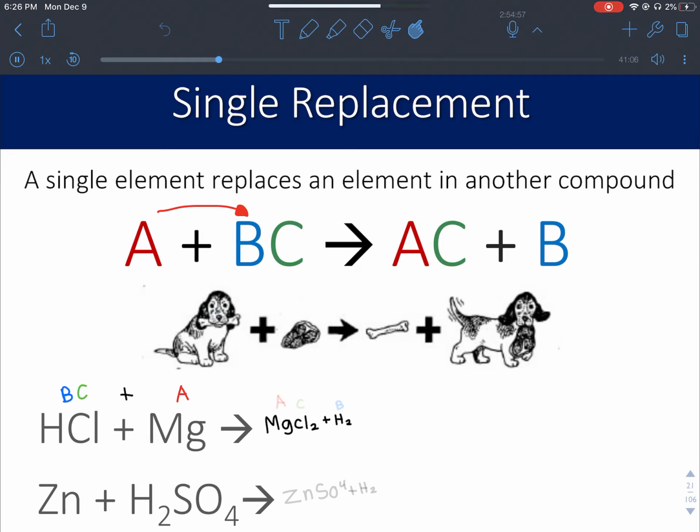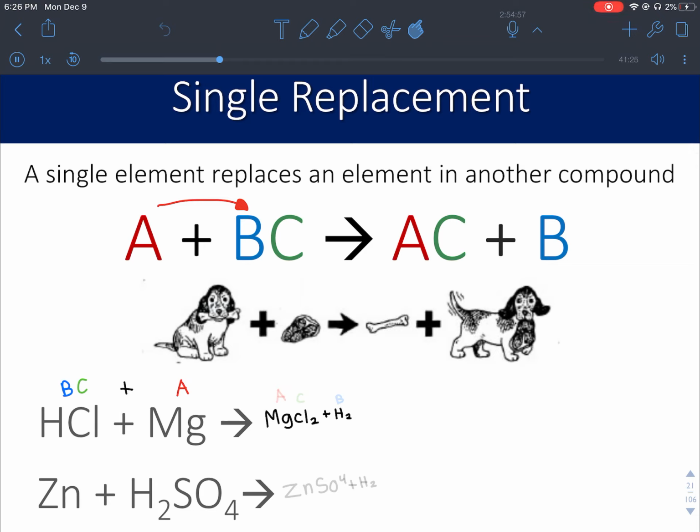They're sharing. A quick way to figure out which ones are diatomic: look on your periodic tables or take a look up here. Diatomic, double bubble. You see those 2 little circles right next to each other? Any element that is diatomic, meaning it cannot just hang out alone by itself, has a double bubble.